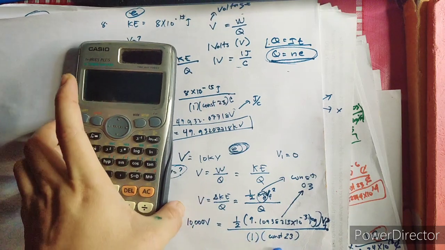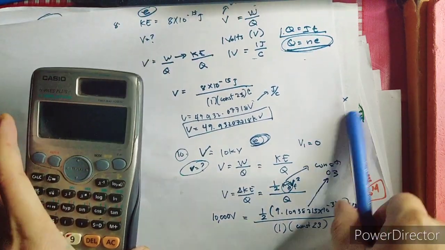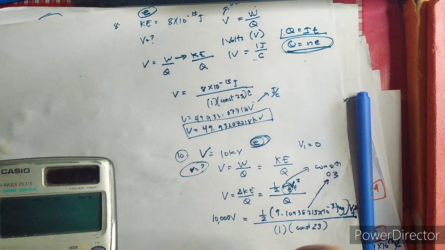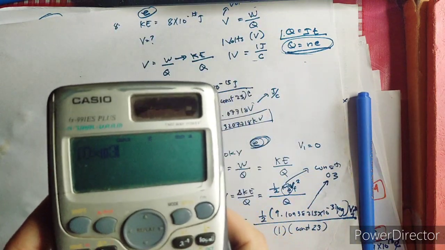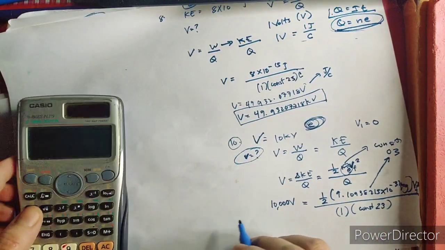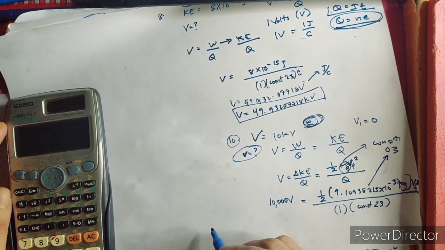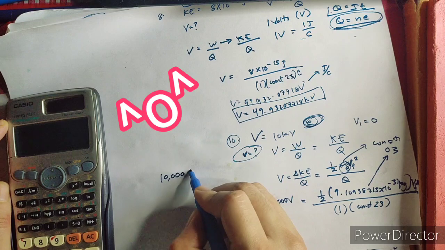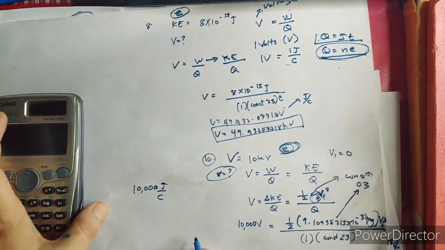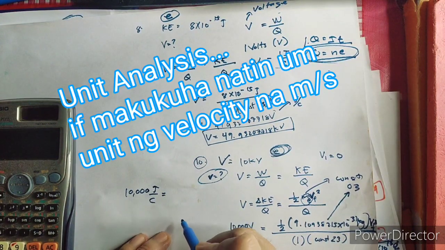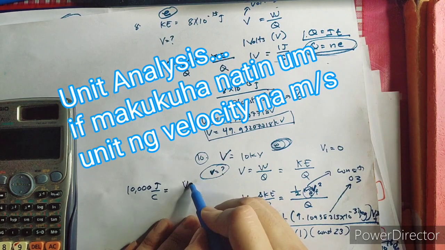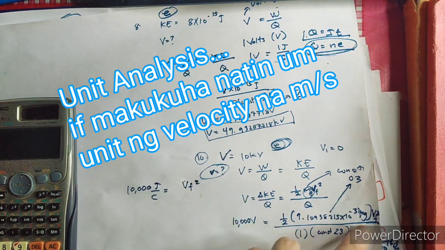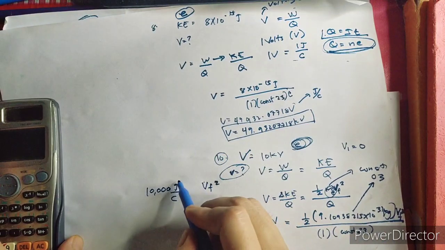Kunin natin, cross multiply. Ayusin natin muna yung mga unit. 10,000 volts ay joule per coulomb equals v squared times 1 times constant 23, kasi cross multiply ko.